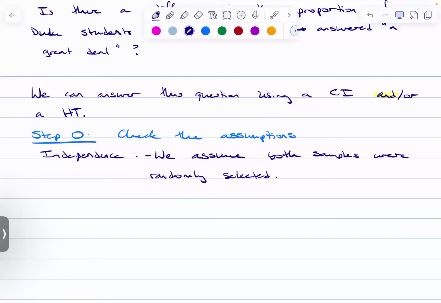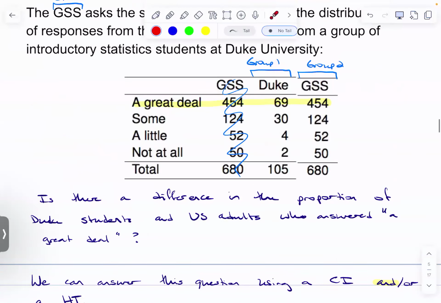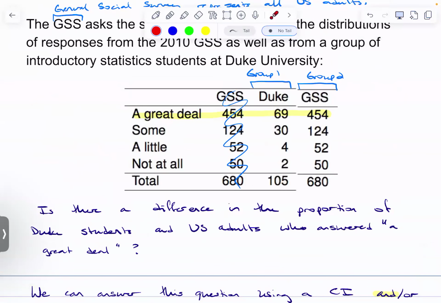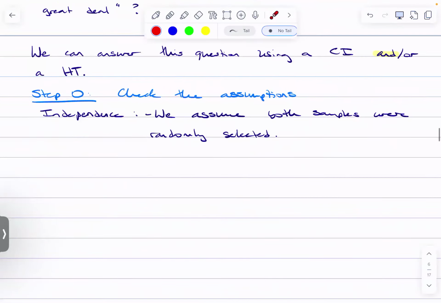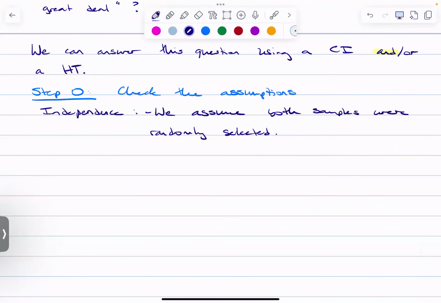Even though it might be kind of a concern, not for the GSS, but maybe for group 1, the introductory stats students at Duke University. 105 might be more than 10%, but that's okay. Let's ignore that. Because if we start going down that road, we can't finish the problem, so we ignore it. I guess if we look over time, then it would be less than 10%.